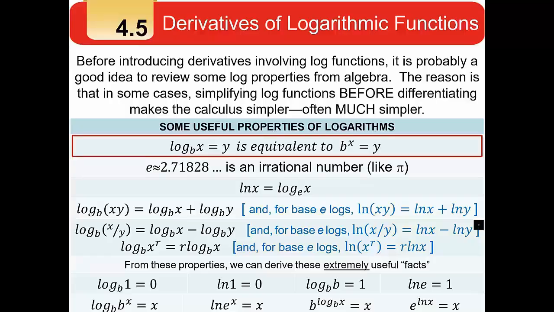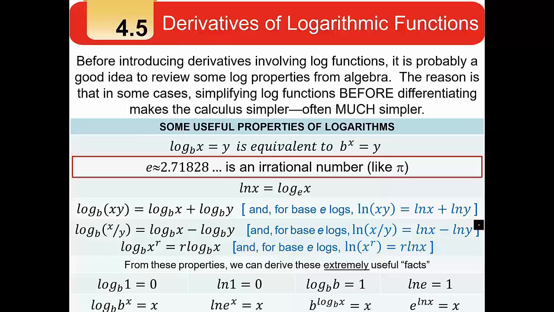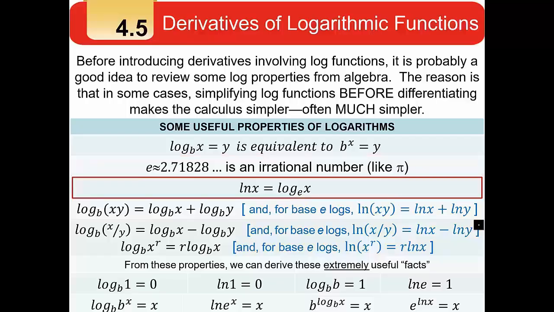One of the basic facts is that when you write the log of x base b equal y, that's equivalent to an exponential equation, b to the y equal x. And you spent some time in previous algebra courses with problems that tell you to change from one form to the other. You also came across the irrational number e, which is about 2.71828, similar to pi in that it's irrational and it has an infinite decimal representation, which is why we use a symbol for it.